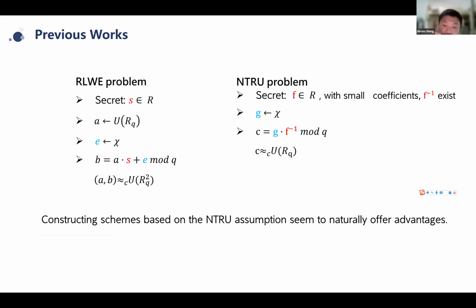So in NTRU, a ciphertext is only a single ring element. So constructing schemes based on the NTRU assumption seems naturally to offer advantages.